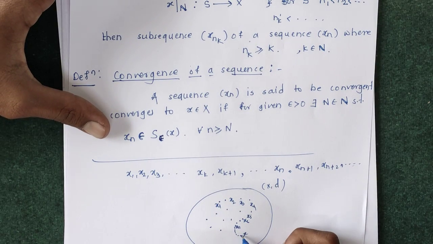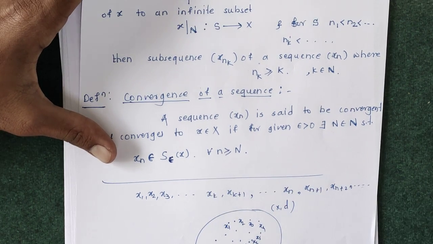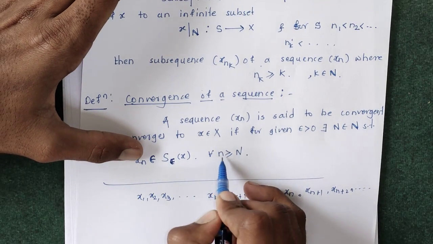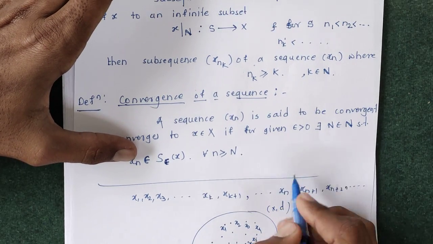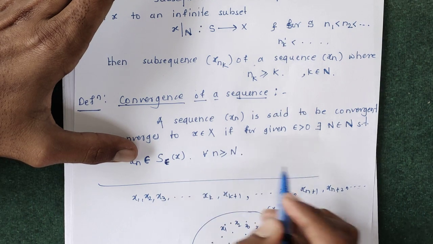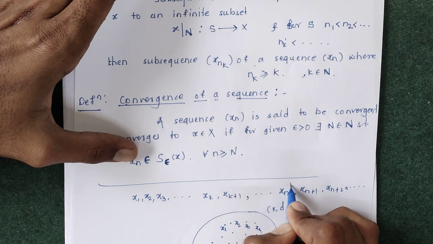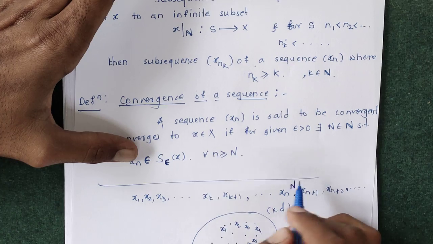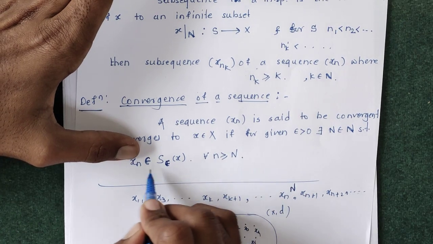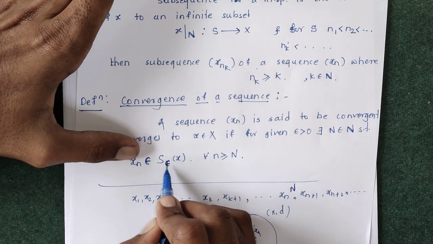For any given epsilon positive, suppose we take this epsilon and draw the open sphere. Then all the elements with index greater than or equal to N, where suppose there is some natural number N, belong to SR of x.